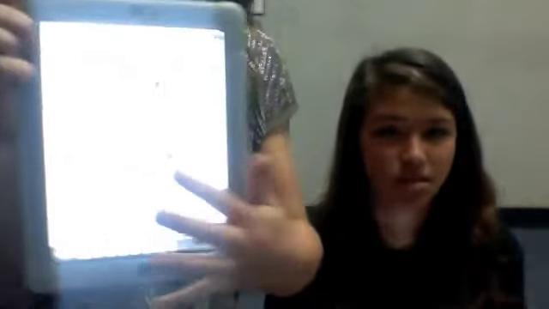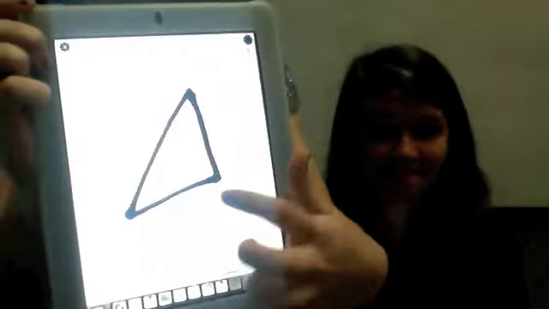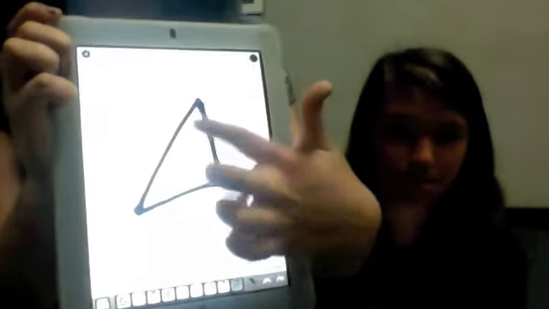So let's say you had a problem, and your triangle was like this. If A was here and B was here, then C would be this line. Let's say it gave you 6 and 3.